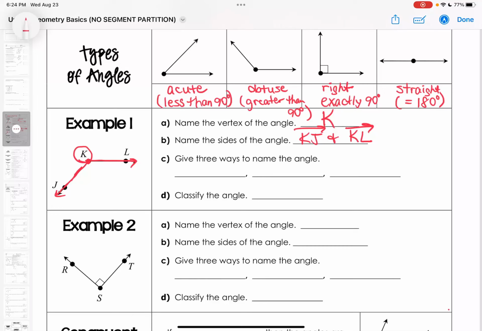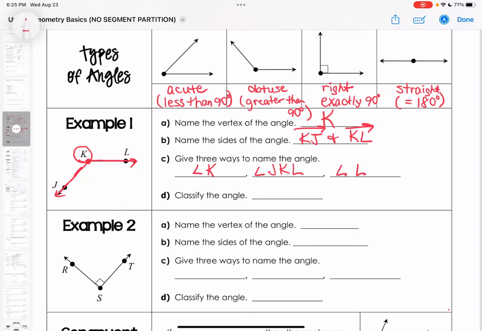I can just name it simply angle K. And then I can name it starting with J or starting with L. So let's do starting with J. So this is going to be angle JKL. And then angle L, which those look very much alike, don't they?